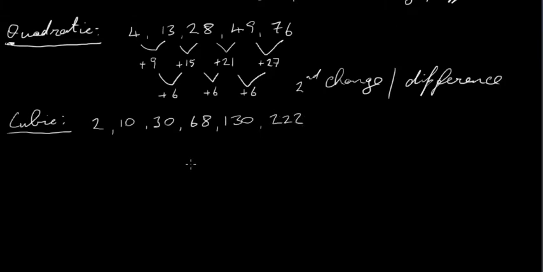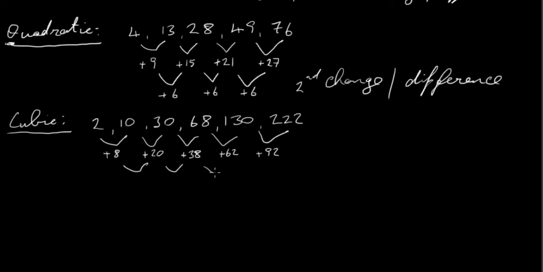Again, we're going to do the same process. We look at the first change, and we find that it's plus 8, plus 20, plus 38, plus 62, plus 92. These are obviously not all the same, so we're going to do it again.